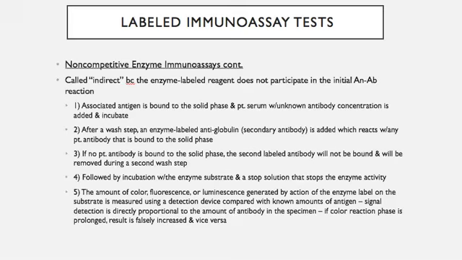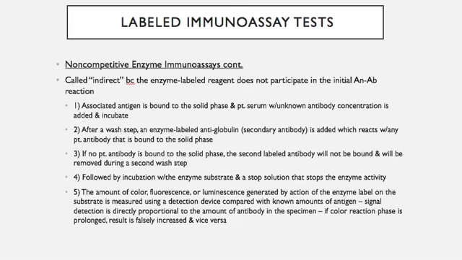So the associated antigen is bound to the solid phase, and patient serum that has the unknown antibody that you're trying to find is added, and then there's an incubation step. After it's incubated, there's a wash step.